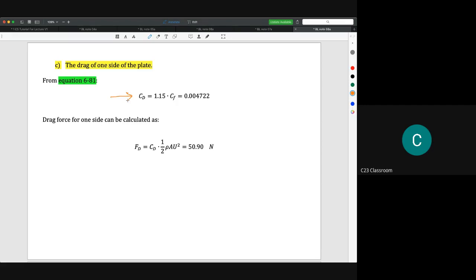So CD is equal to 1.15 CF. If we substitute the value of CF here, we get CD is 0.00472. And then the drag force for one side can be calculated by using this equation. So we get around 50.9 Newton.